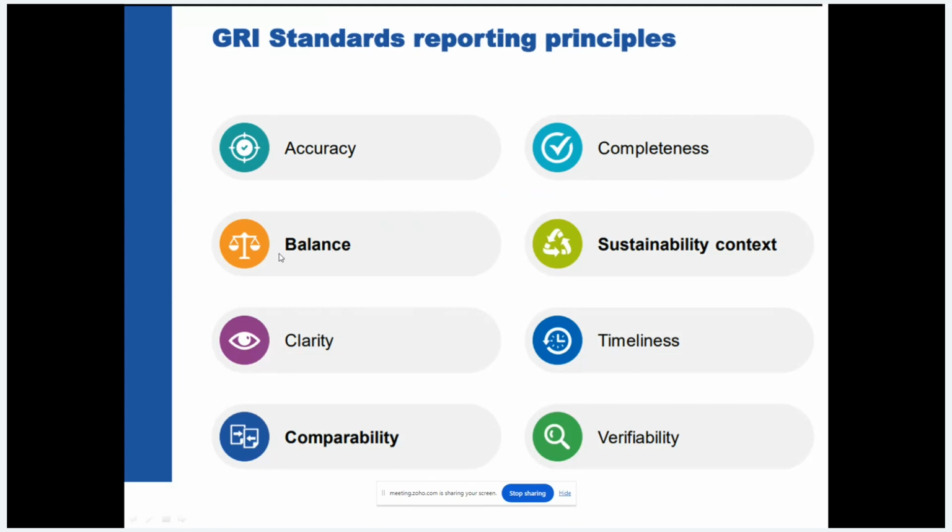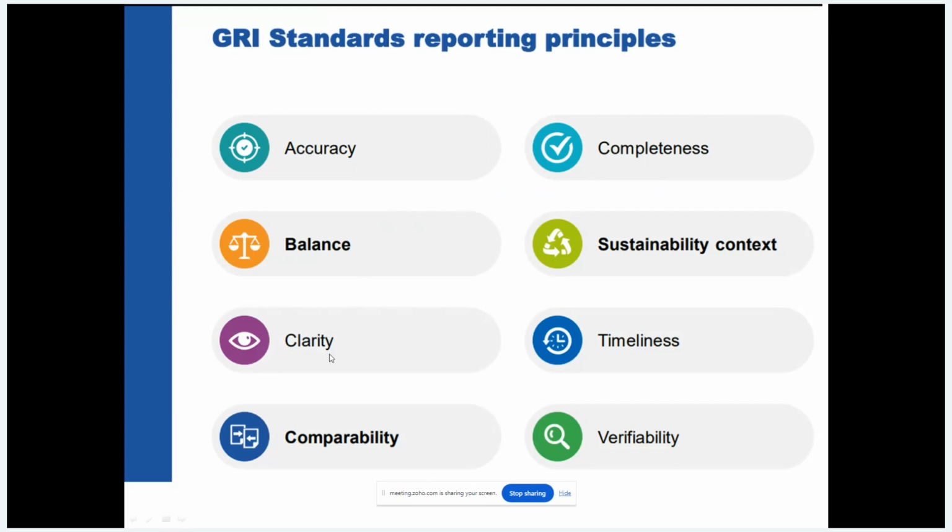Then balance means you have to strike a balance. As we have seen, 86% of organizations are reporting only on the positive impacts, not the negative. That would not be an acceptable report for sustainability. So you have to strike a balance, reporting positive as well as negative.